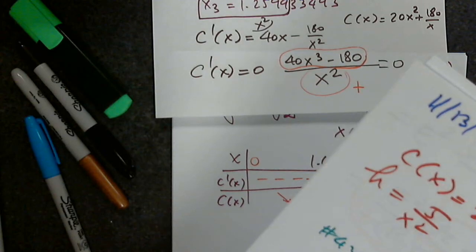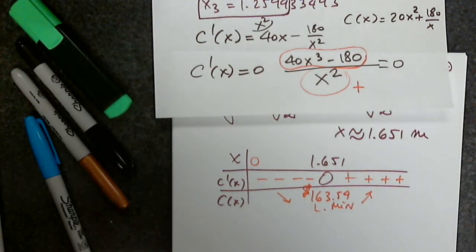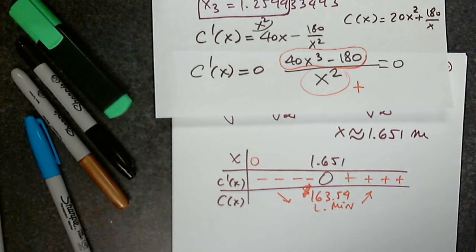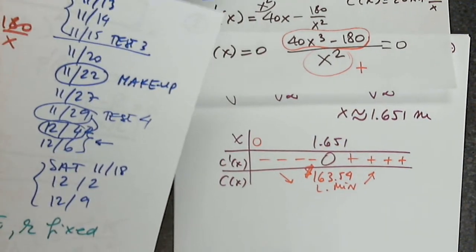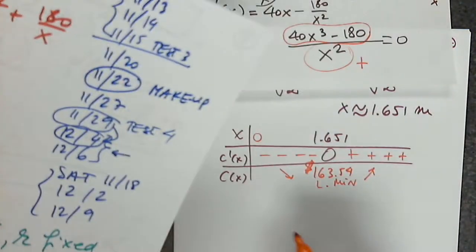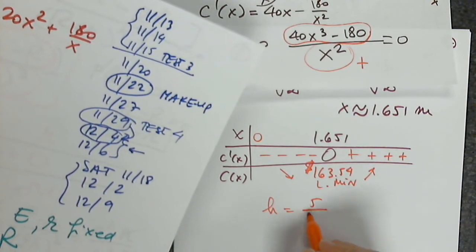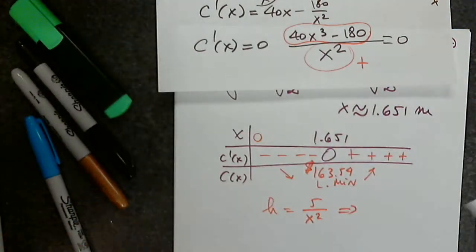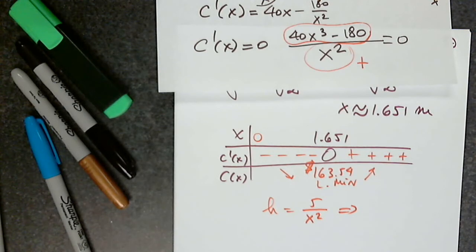Were we asked to determine x, let's find h as well. The height of the box, the dimension. So then h equals 5 divided by x squared. And I'm going to plug in 5 divided by the previous, I'm going to redo this 4.5 raised to 1/3.